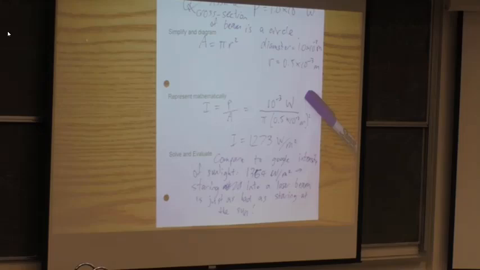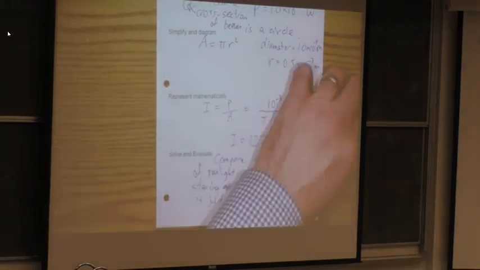Yeah, because it was a circular beam where r is the beam radius. It's the difference between 4 pi r squared, where r is the distance from the source, as compared to pi r squared, where r is the radius of the beam. That's a good point.